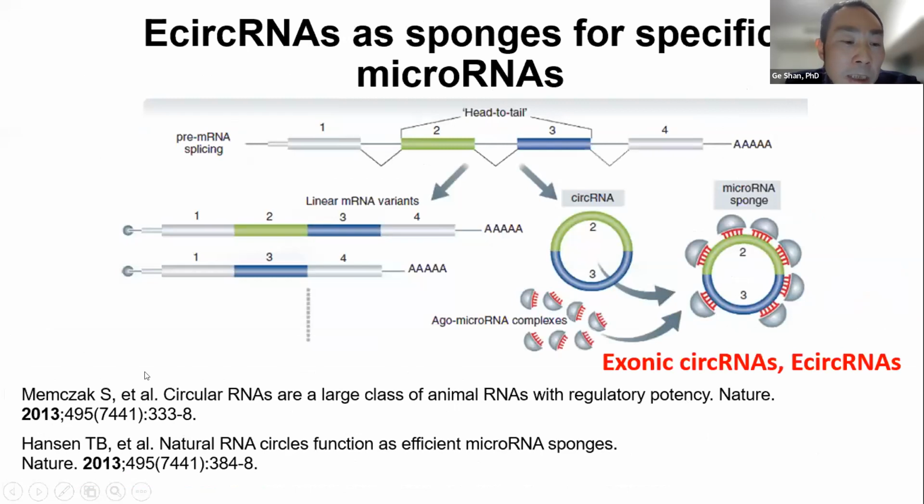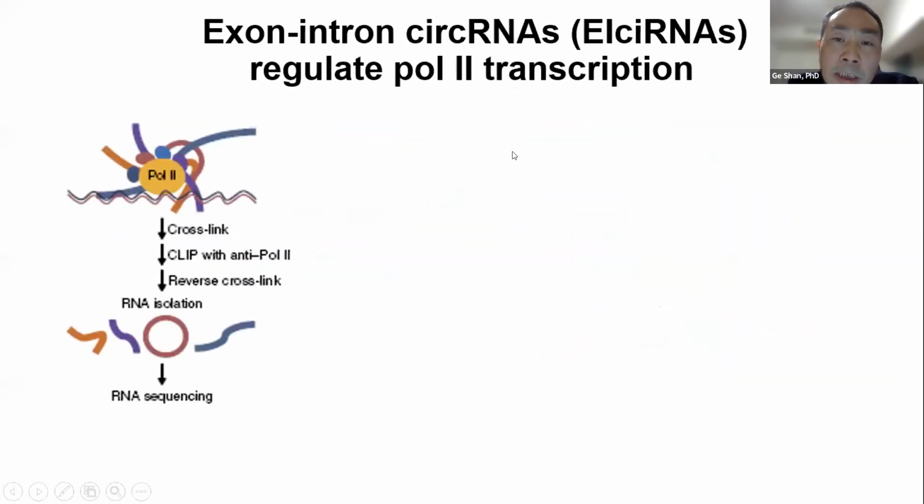And very quickly, in 2013, two papers showed that exonic circular RNAs formed by back splicing of exons function as microRNA sponges in the cytoplasm and have physiological functions.